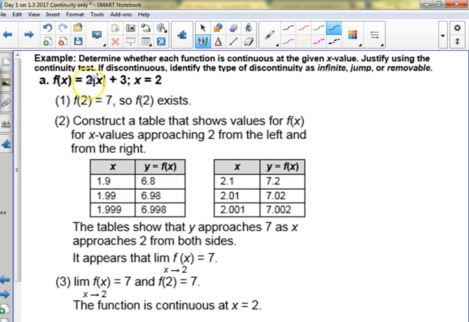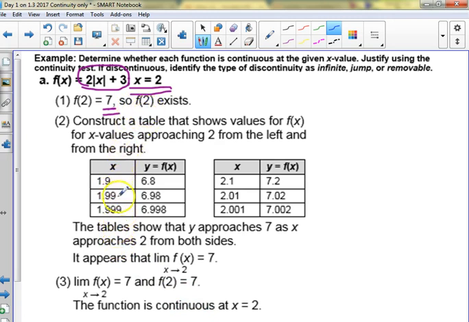Here we go. If you had this, okay, it says what's happening at 2. Well, if I put a 2 in there, is this defined? 2 times the absolute value of 2 plus 3 is 7, okay? They go through this fancy process that involves limits to prove that it is continuous.